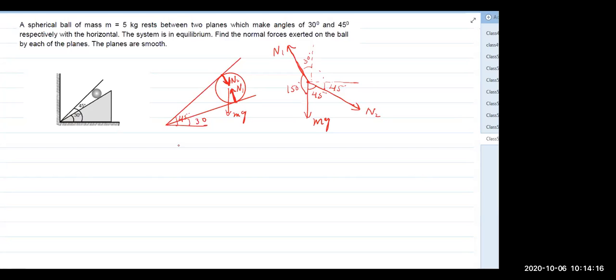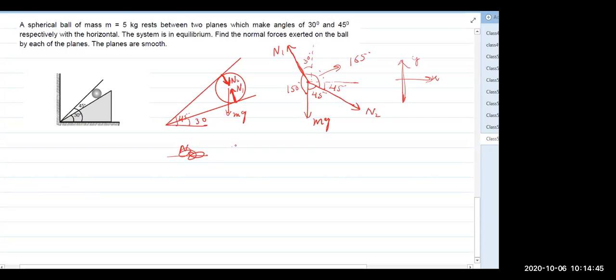But instead of Lami's theorem, we can write the vertical and horizontal equations, because this angle total will be 45 plus 30, that is 75, plus 90, so 165. It is difficult to solve with 165, so it is better to use the equations along x and y, which will be easier for this particular question.